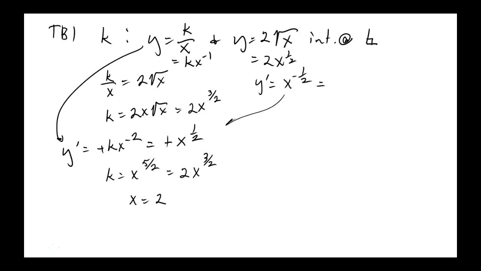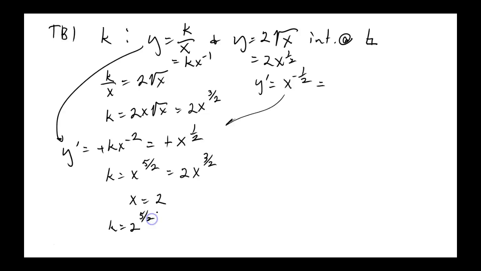Well, that may not be what we're looking for. We're looking for the value for k. We found a was 2, so our x, which is their a, is 2. They substituted in an a. But they get it equal to 2, so we're on the right track. But k is what we're looking for, so k is equal to 2 to the 5/2.